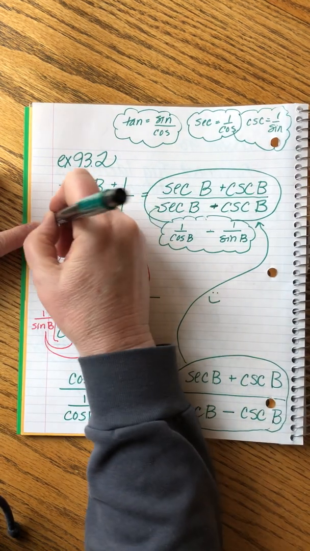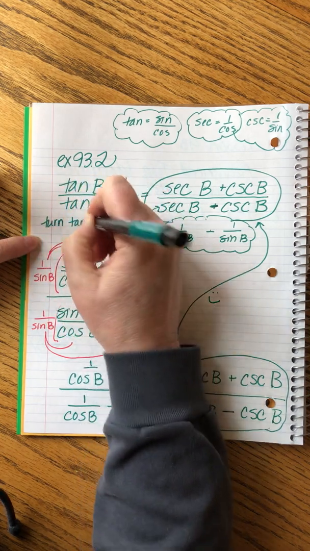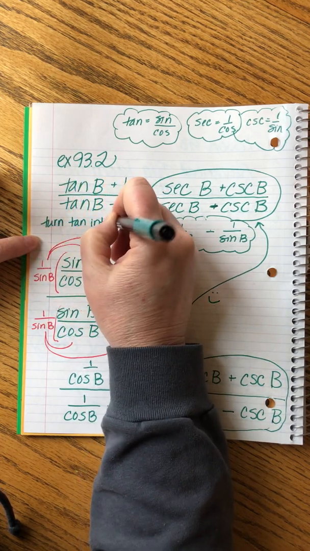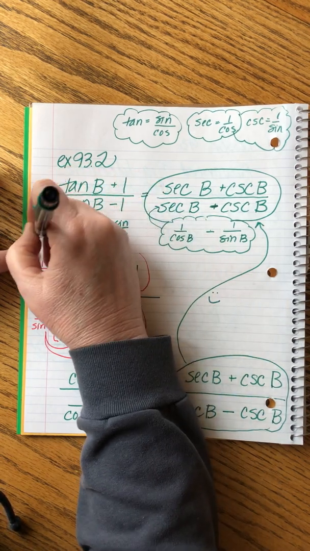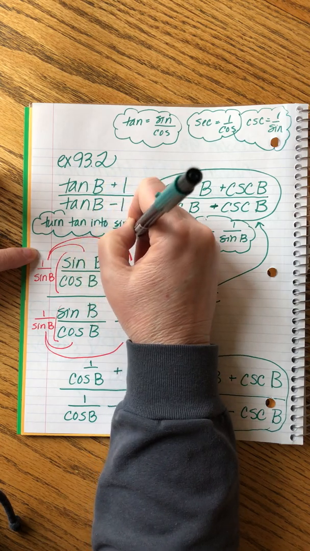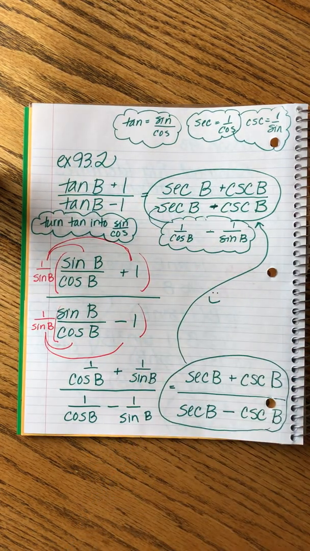So that was our first step, to turn tangent into sine over cosine. That's how we first broke it open.